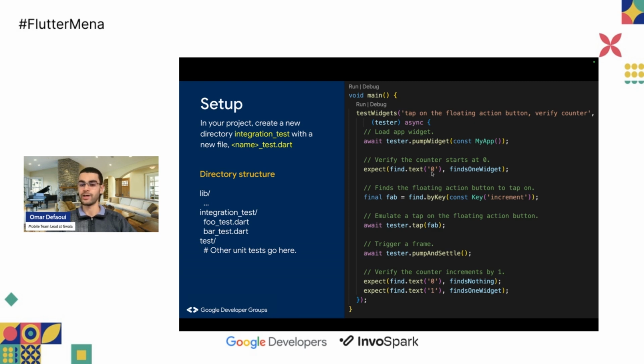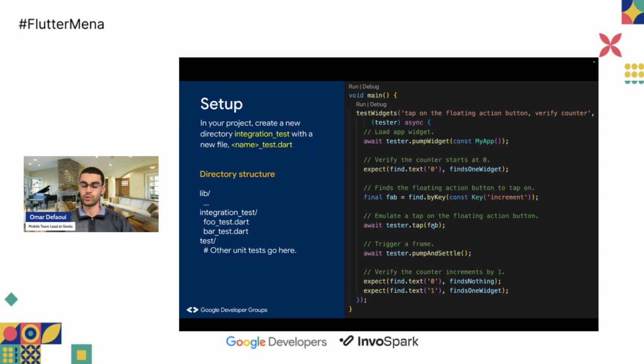Then we verify that we have only one widget that has the value 0. Then we check for something that has a key increment. In our case, we assign this key increment to the floating action button that we have in the bottom right side of the screen, and then we click on this floating action button.